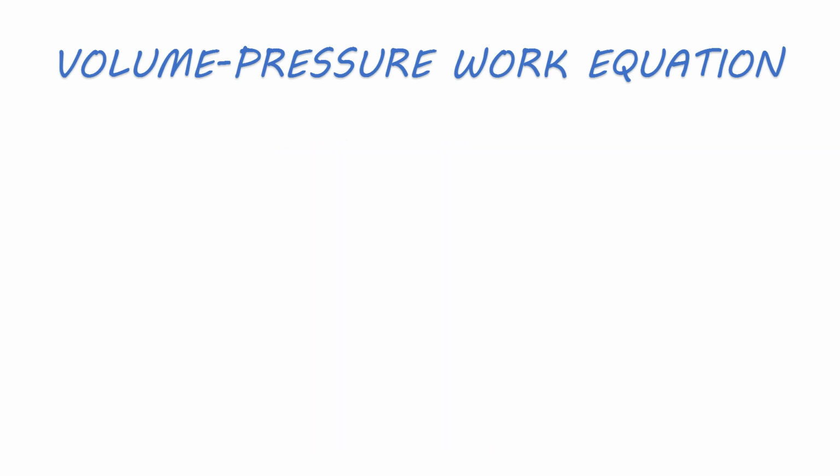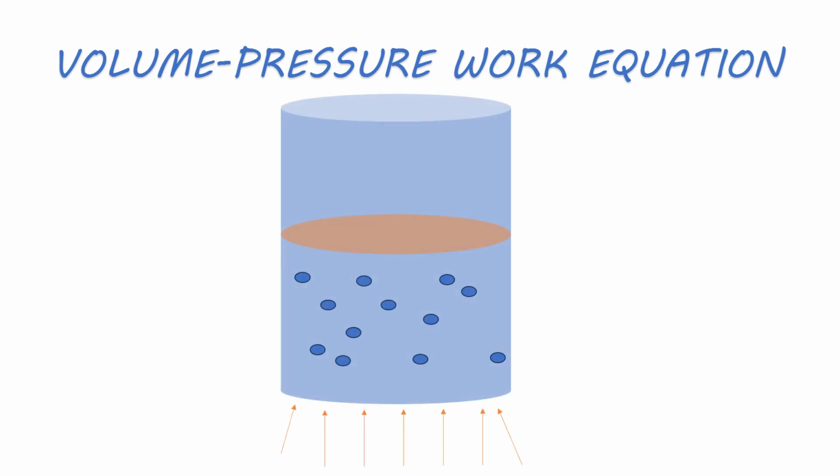Now, when I provide heat, these particles will start to move. When these particles start to move, there will be production of kinetic energy. And this is how we derive our equation.